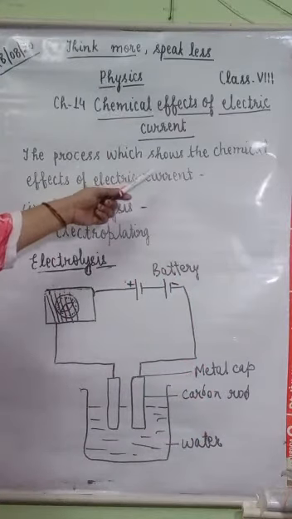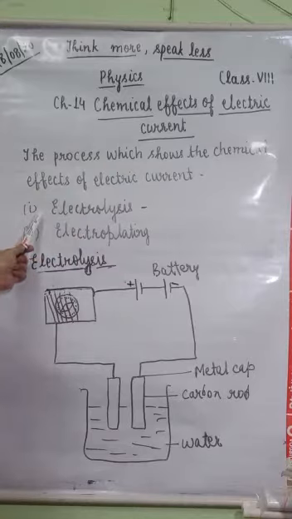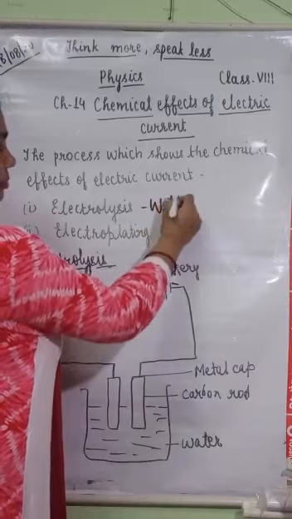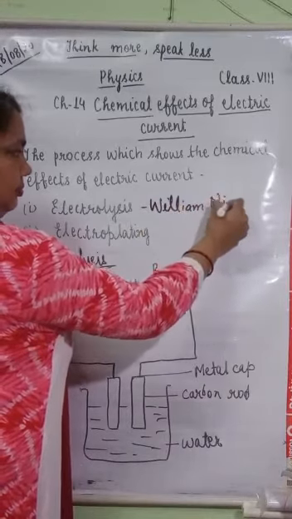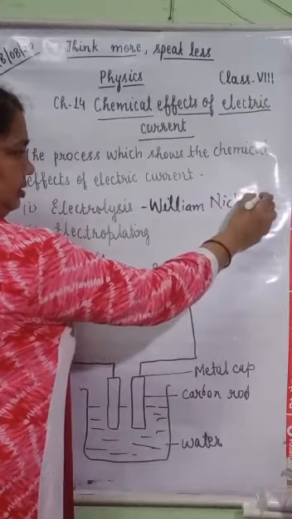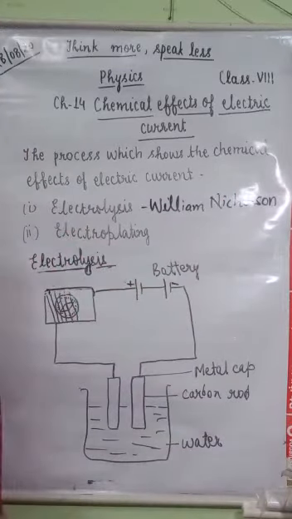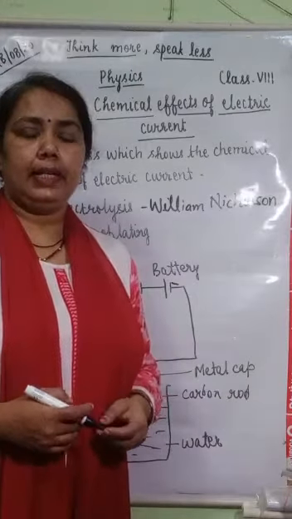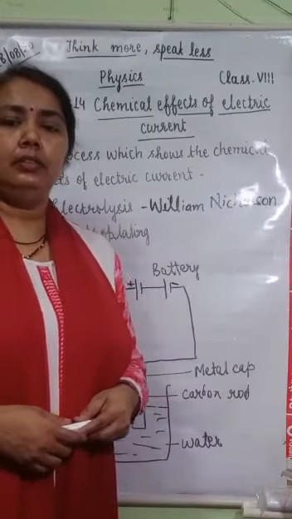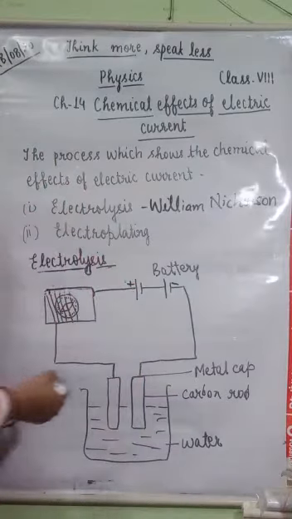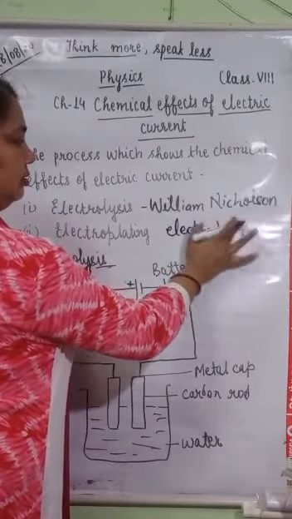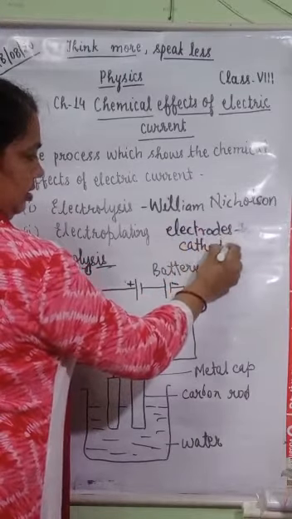The processes which show the chemical effects of electric current are, first, electrolysis and second, electroplating. The electrolysis process was explained by the British chemist William Nicholson, who showed that if electrodes are immersed in water, electrodes being a metallic wire or metallic plate through which electric current is passed in an electrolytic solution, and electrodes are of two types: cathode and anode.